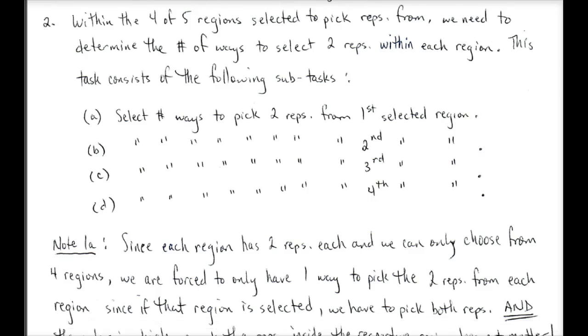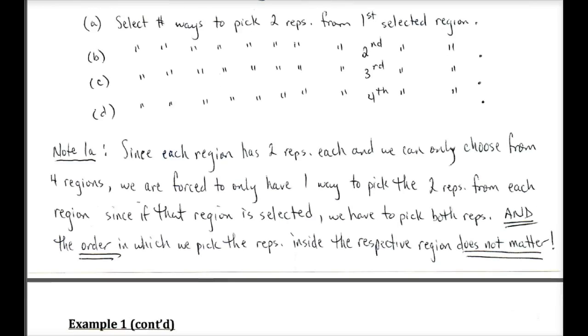Okay, all right, so again, this note down here just says, since each region has 2 reps and we can only choose from the 4 regions, then we're forced to only have one way to pick it. Okay, and the reason why there's only one way to pick it is because when we get within a region, we don't care whether we pick, let's say, Bob first or Carly.